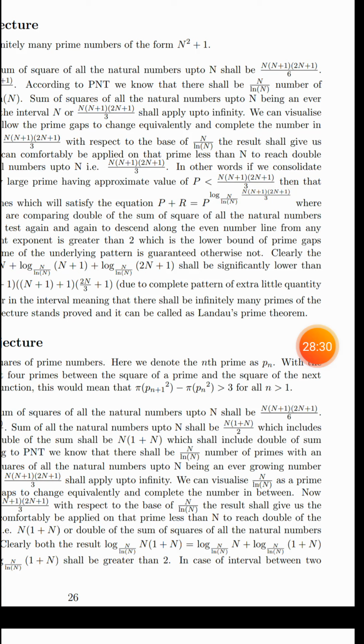So what we see in the twin prime case is that the bound is 2 always. So if we square that up, because we are taking the gap between 2 successive primes, the bound should also be squared up in that sense. So we will have at least 4 primes between 2 successive prime squares.